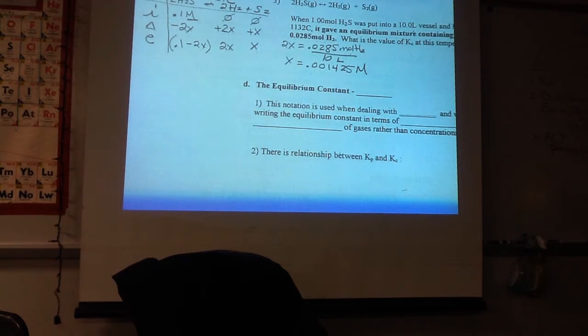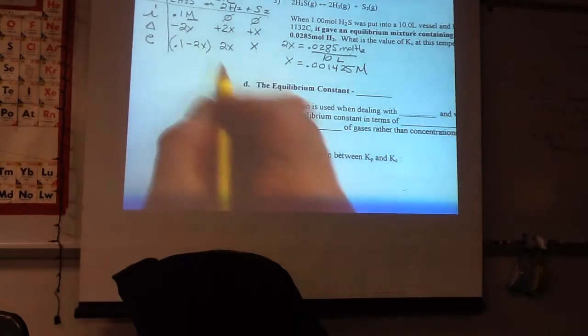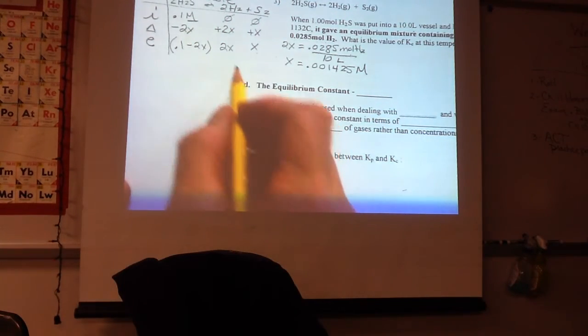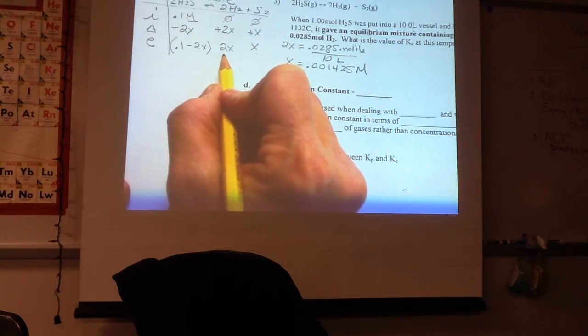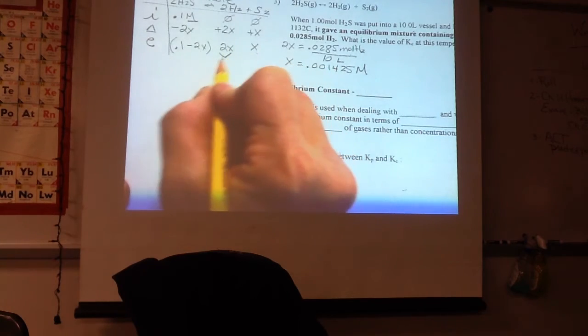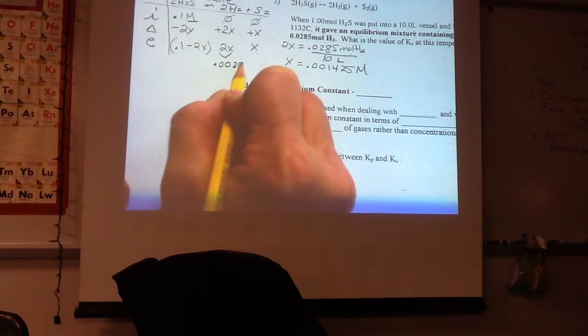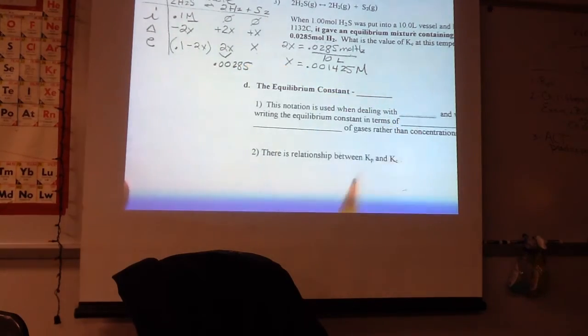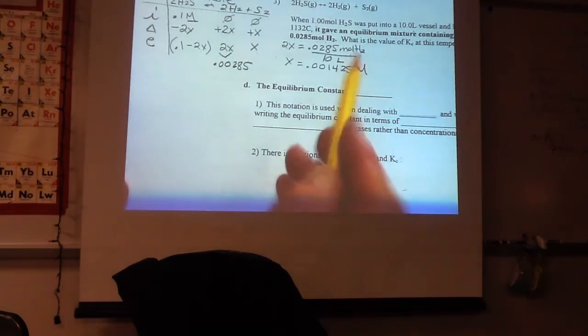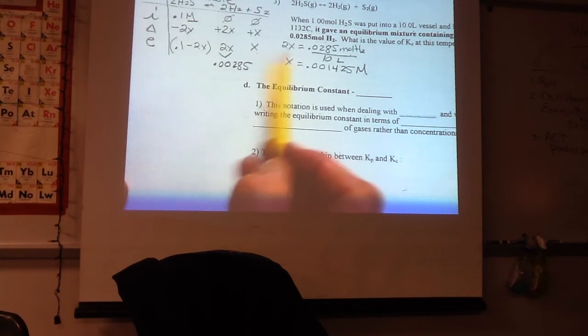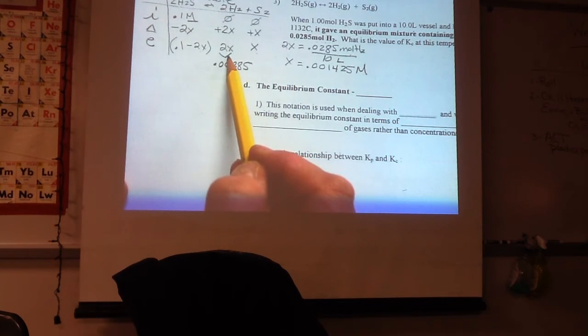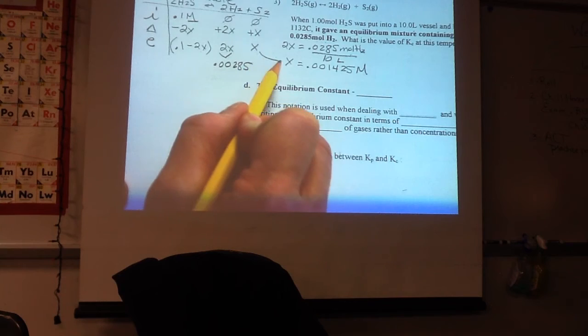Can you now figure out the amount of sulfur at equilibrium and hydrogen sulfide at equilibrium? One thing, guys, this 2x value is 0.00285 because this equals 2x, and 2x is hydrogen's amount at equilibrium.